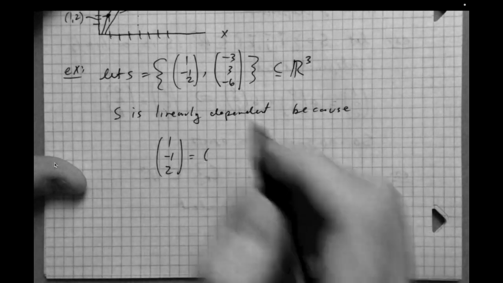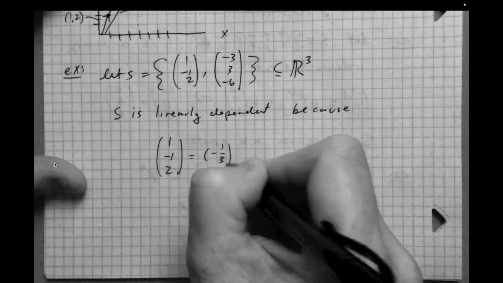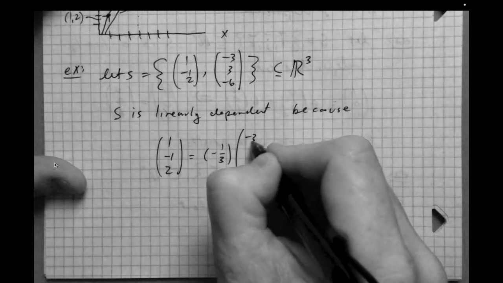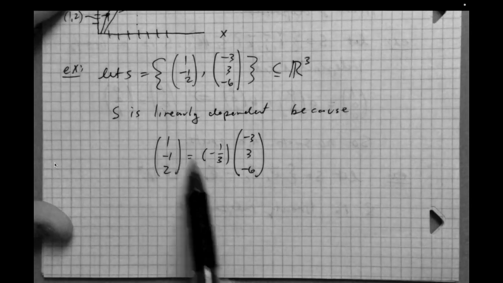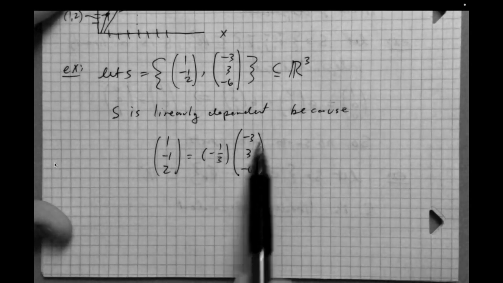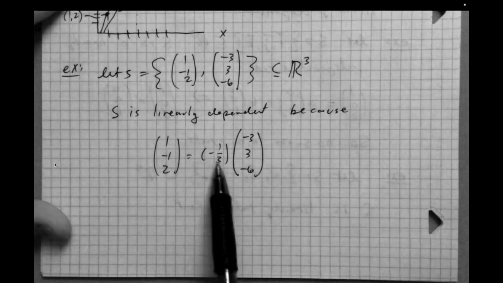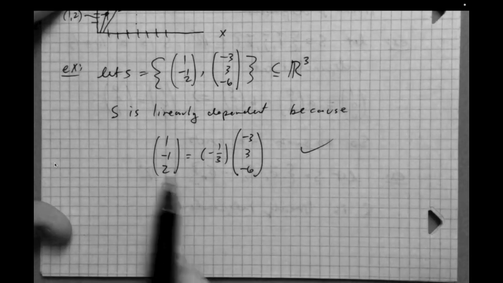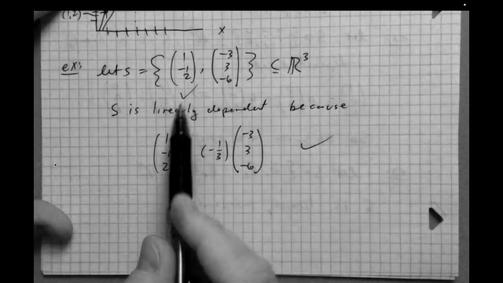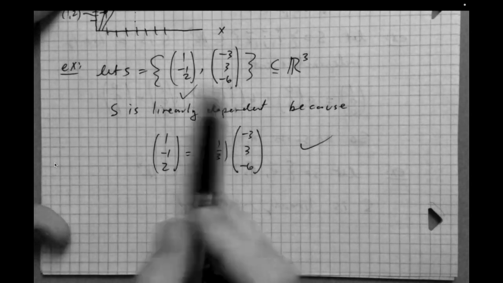So it's actually equal to -1/3 of this guy. So 1 is indeed equal to -1/3 times -3, and -1 is equal to -1/3 times 3. So you can see that we're able to express this guy in terms of this guy.